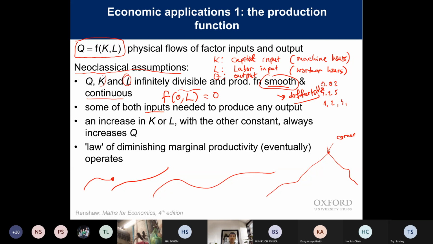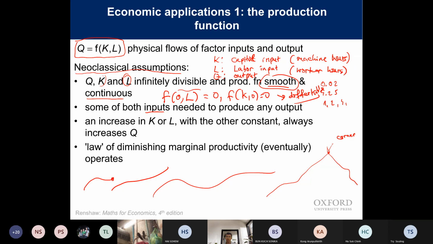So if one of the inputs is zero, Q is zero, the level of output is zero. Both inputs are needed to produce an output, so we have to contribute both inputs in order to produce a certain level of output.